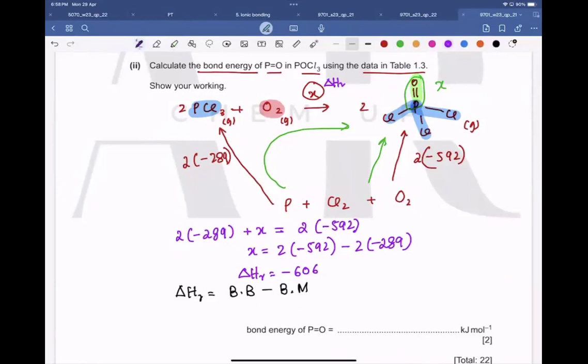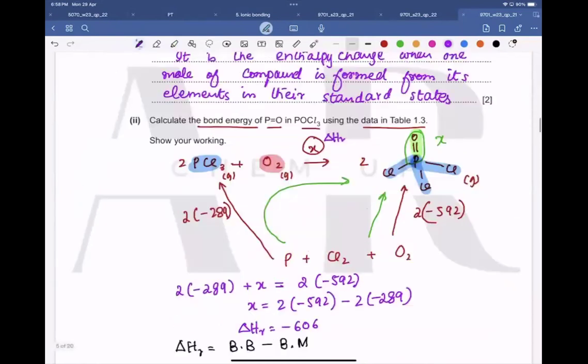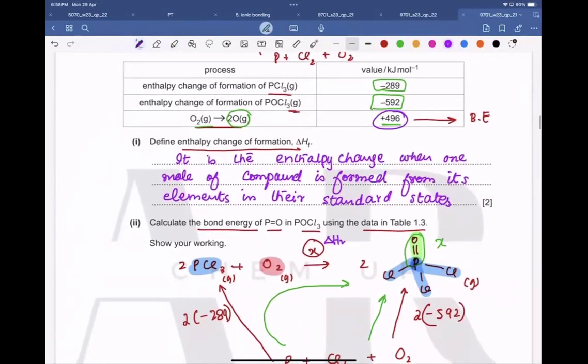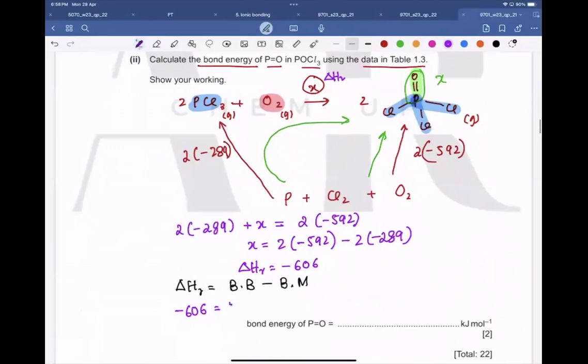So the enthalpy change is minus 606. The bond broken is oxygen and its bond energy is given over here, positive 496. Then the bond which is made, we do not know its bond energy, it is X. Now calculate the value of X. Using this equation, there are 2 moles, so it is going to be 2X.